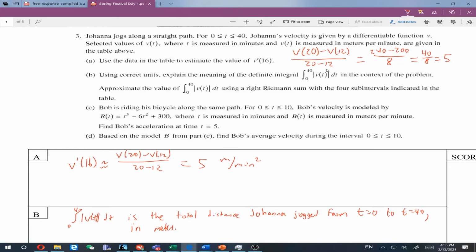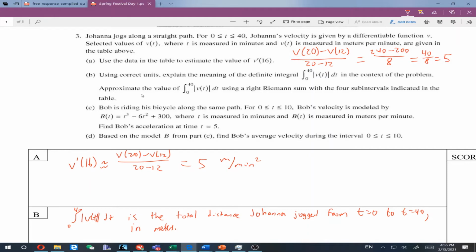Sarah, if we did not have the absolute value, what would this represent instead? Displacement, perfect. So this would be the total displacement that Joanna jogged from t equals 0 to t equals 40, or how far away she was from where she was at t equals 0 to where she was at t equals 40.